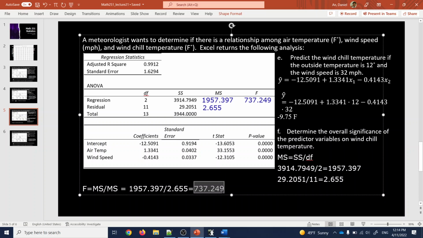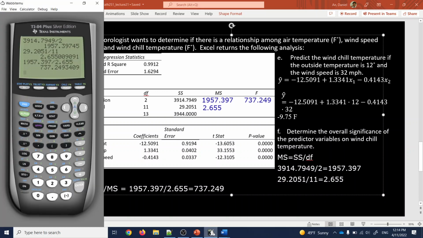In the calculator, go to second vars and choose FCDF. You put 737.249 as your lower bound, and you have to go up till infinity, but there's no infinity in the calculator, so you just put a big number, like 1,000, or 1 million. 10,000 is fine as well, but it has to be quite a bit bigger than this number.